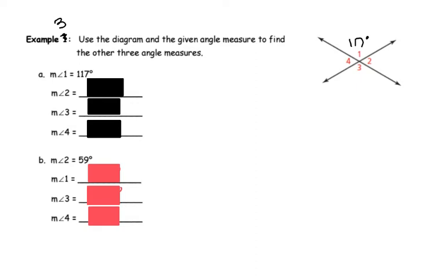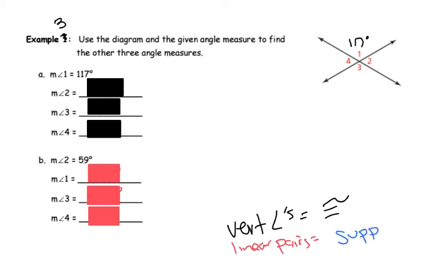We're looking at vertical angles, and you also have linear pairs. And linear pairs are supplementary. So remember, our vertical angles are congruent, and our linear pairs are supplementary, which means they add up to 180 degrees.